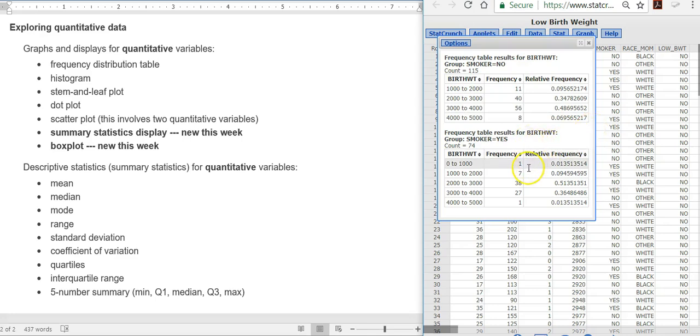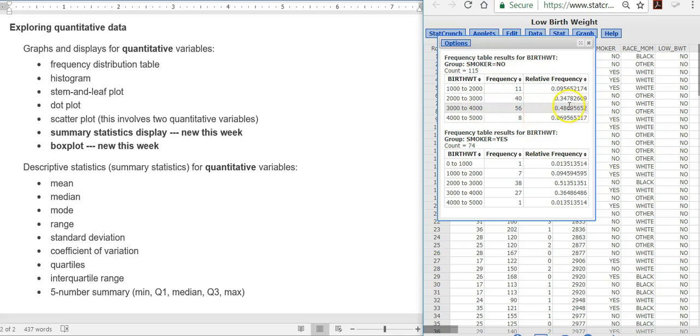And one thing that I would notice right away about the difference between these two is that for the smoker equals yes group, there's one baby that had a birth weight of less than 1,000 grams. In this group, there aren't any that had a birth weight that low. Another difference we might notice between these two tables is that in the non-smokers group, the highest frequency class was the 3,000 to 3,999 grams.